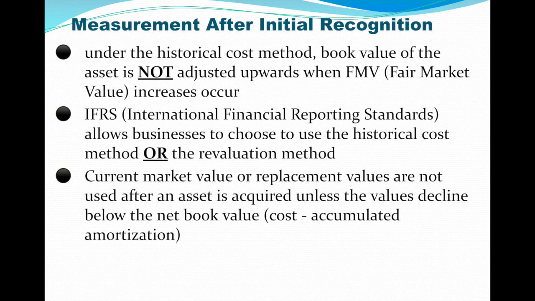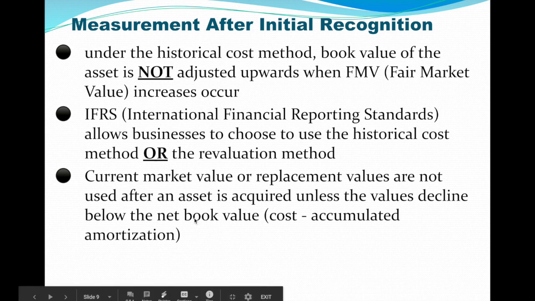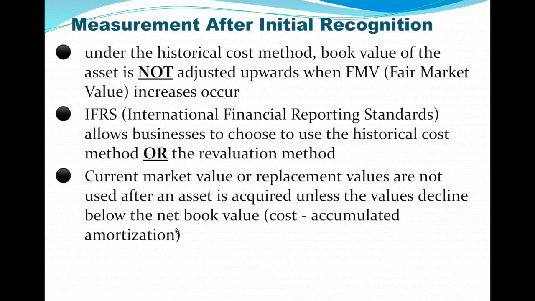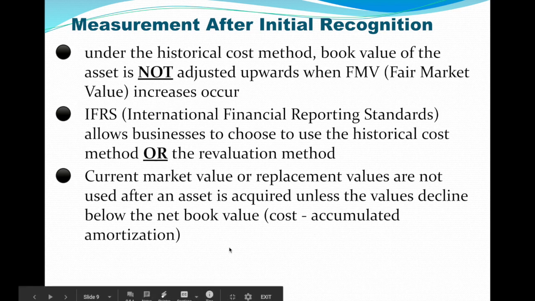So the condition in which you can use fair market value is if the fair market value is less than the net book value. The net book value, which I believe is a new term, is the historical cost minus the accumulated amortization.